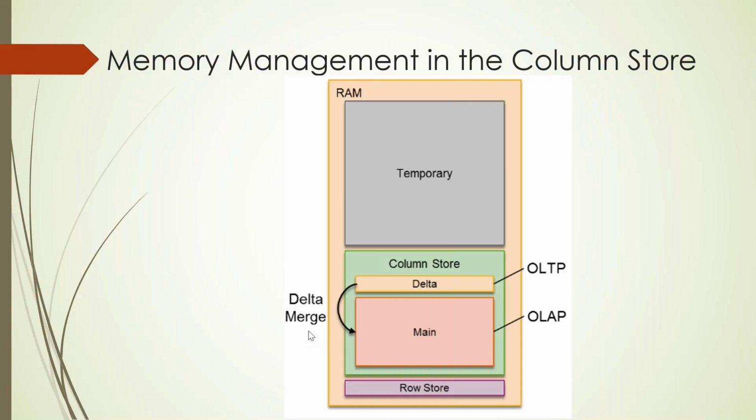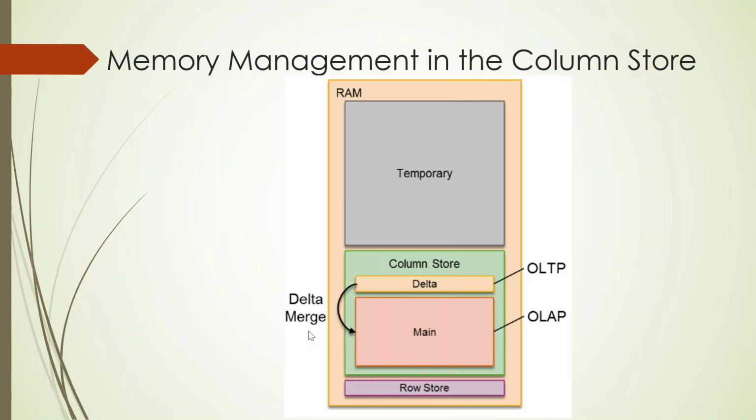You do not control it, and you cannot change the parameters for the delta merge. There are some parameters for the delta merge in the configuration tab in HANA, but they should only be changed if SAP recommends it. Otherwise, don't change the delta merge parameters. It is system defined and maintained by the system.